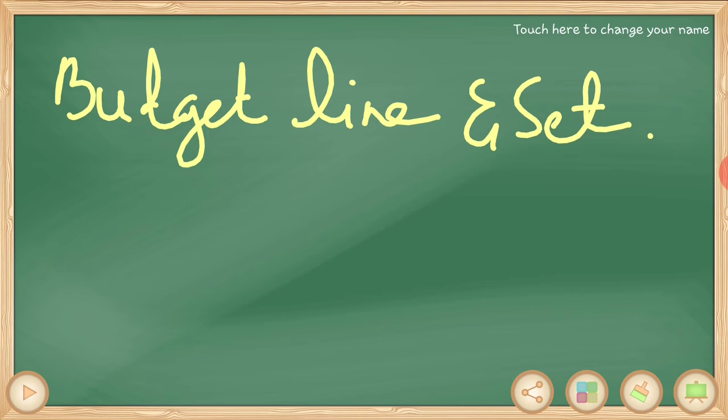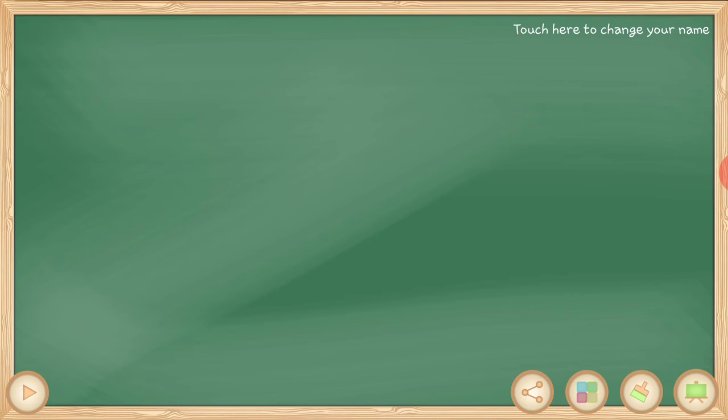What is budget line? It is a locus of different points which the consumer goes through on the line of two goods and whose cost exactly equals his income. Okay, and come to the next one. So what is budget set? This is a very interesting point.